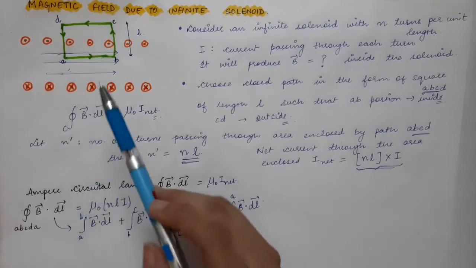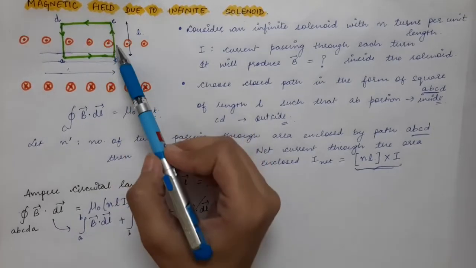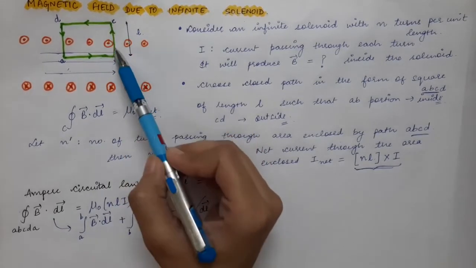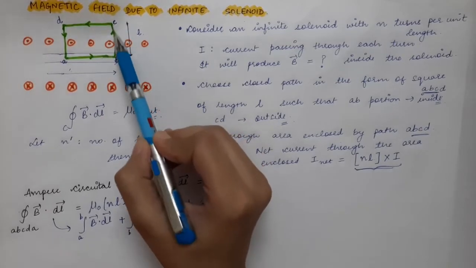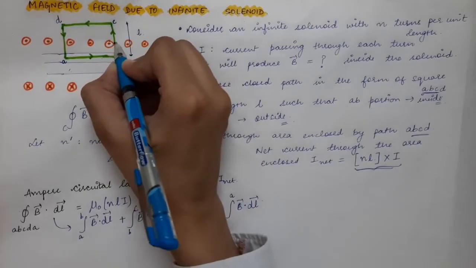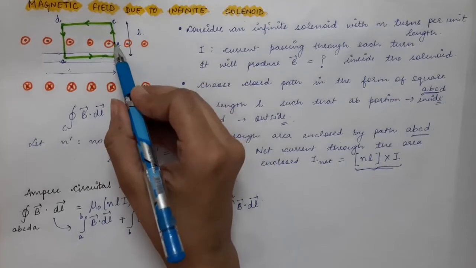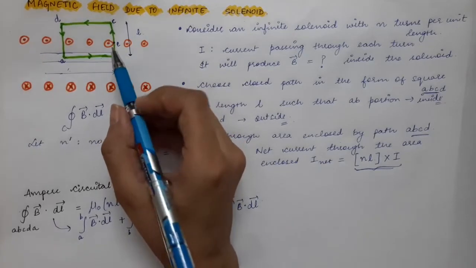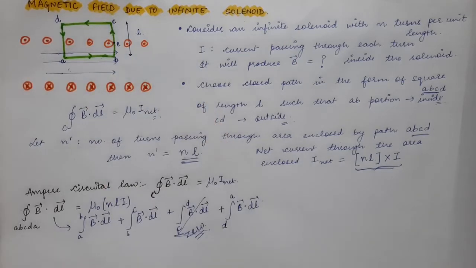Now let's evaluate the integral from B to C. You can see that some portion from B to C lies inside the solenoid and the rest lies outside. So let's denote this point over here as E. The portion from B to E lies inside the solenoid and E to C lies outside the solenoid.